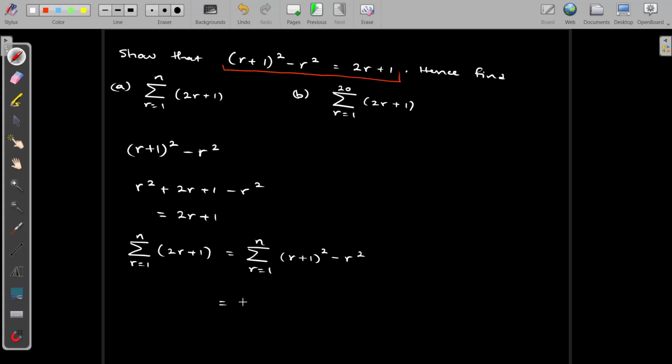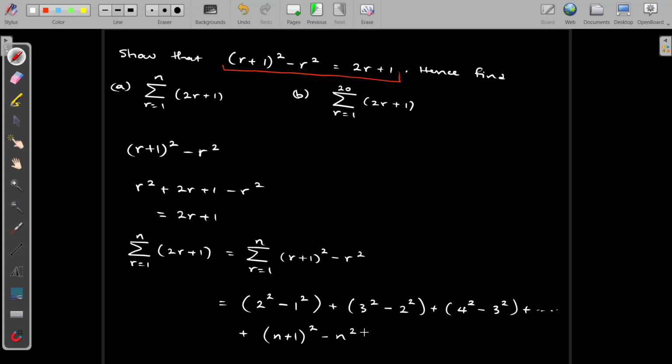So when r is equal to 1, we're going to have 2 squared minus 1 squared, because 1 plus 1 squared minus 1 squared, plus, when r is equal to 2, that's 3 squared minus 2 squared, plus, when r is equal to 3, 4 squared minus 3 squared, plus, all the way up to when r is equal to n, we're going to have n plus 1 all squared minus n squared.